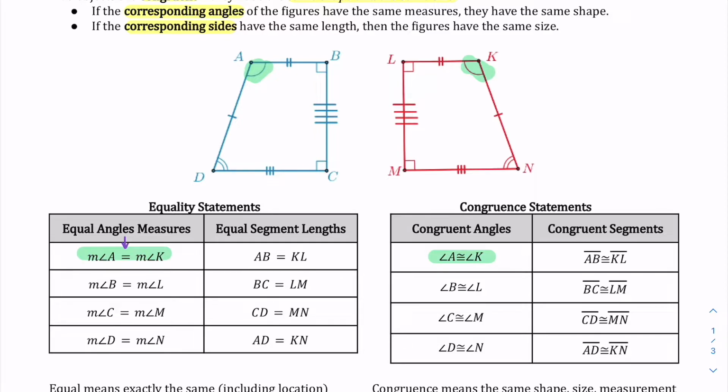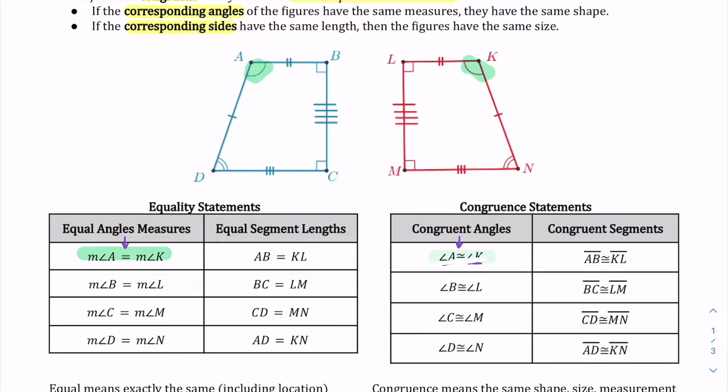We can say the measure of angle A is equal to the measure of angle K. Say angle A is 110 degrees, that's equal to the measure of angle K, which is also 110 degrees. Versus this little equal sign with the squiggly line over it, that means congruent. We can say angle A is congruent to angle K because if they're congruent, they just need to have the same measurement. They don't need to be in the same location. They are not the same exact angle. They just have the same size.